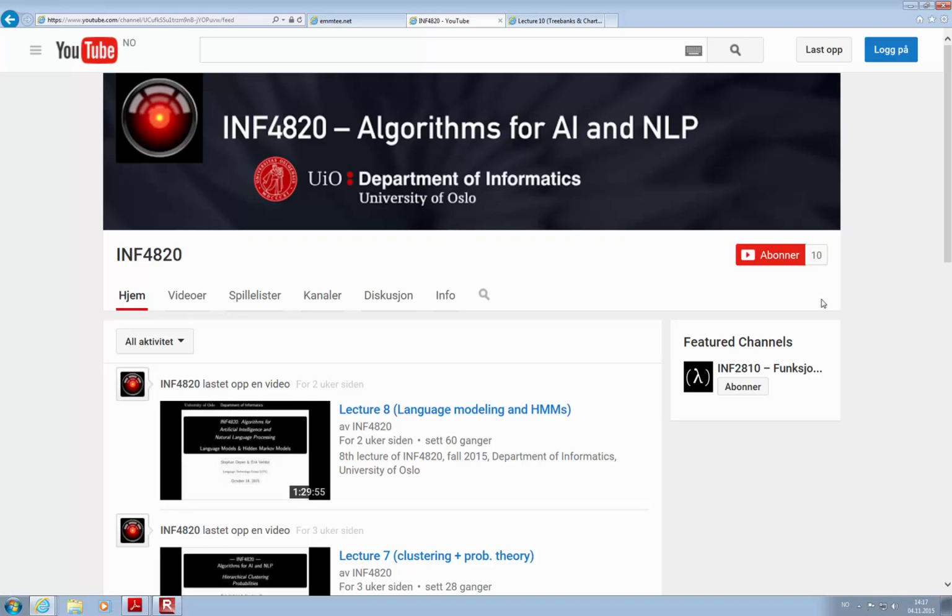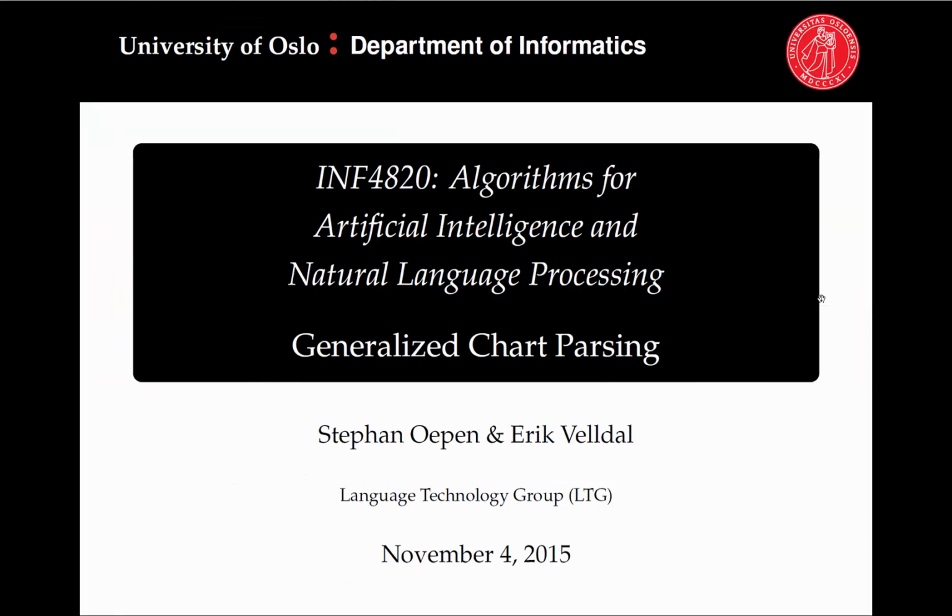All right, so that's the announcements. Then let's get started on content. We'll move to what is often called generalized chart parsing today, a framework for parsing with context-free grammars, and then we'll adapt the Viterbi algorithm to parsing with syntax trees.